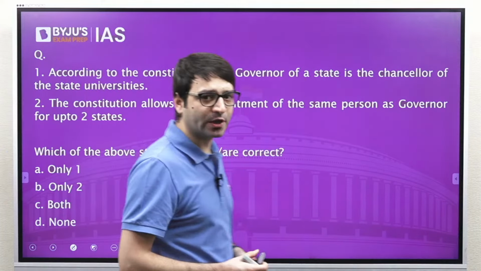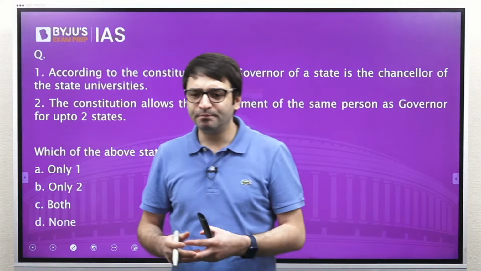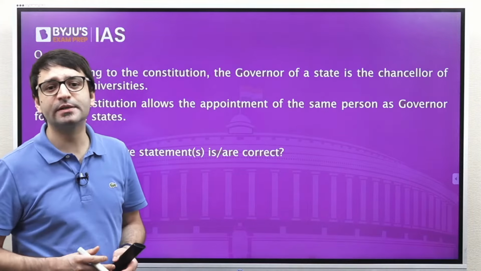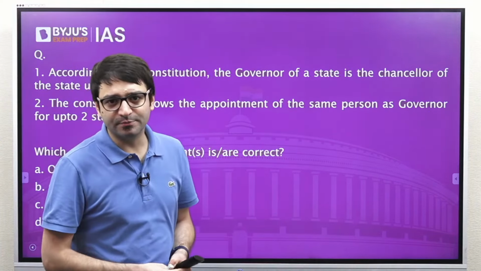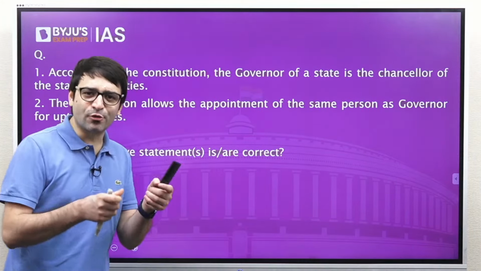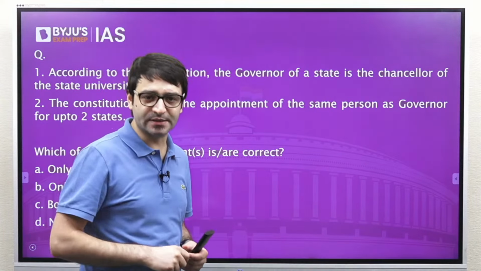According to the Constitution, and this is another area of controversy between the governor of Kerala and the state government, the governor of Tamil Nadu and the state government, governor of West Bengal and Didi. So there is a lot of tussle going on between the appointed governors and the elected chief ministers.